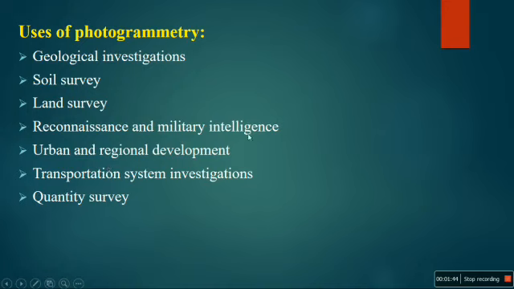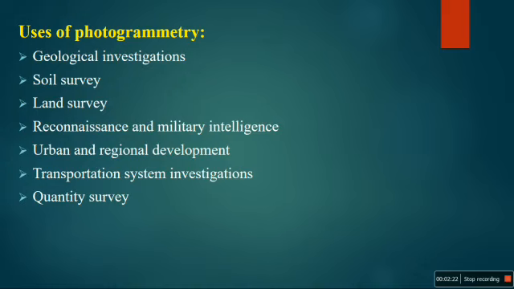Next one is reconnaissance and military survey. This will help military intelligence as a spy, and also it will help in wartime.